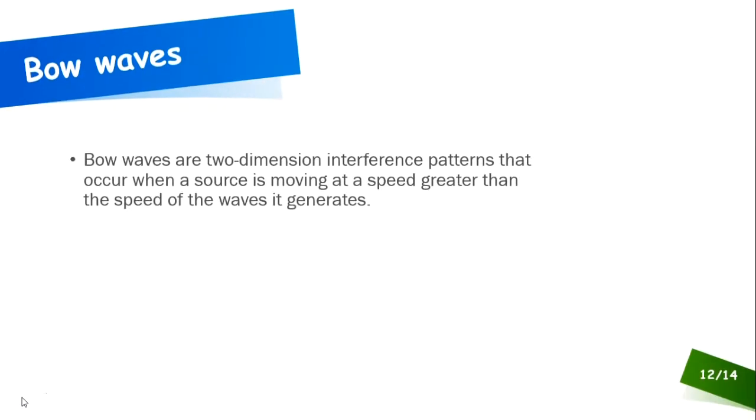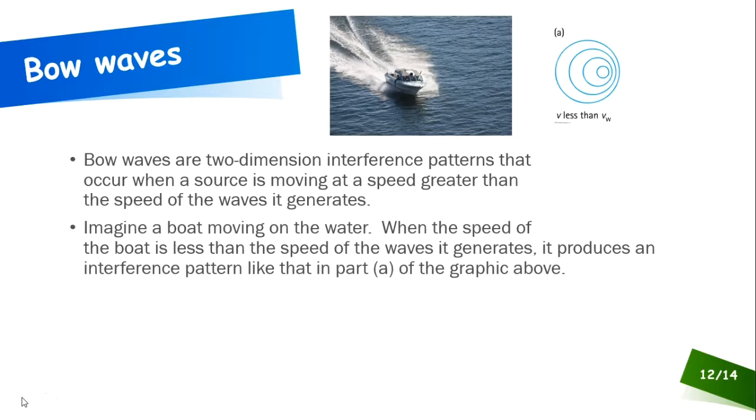This leads us to what's called bow waves. Bow waves are two-dimensional interference patterns that occur when a source is moving at a speed greater than the speed of the waves it generates. A good example of bow waves comes when you're looking at boats. A boat moving on the water generates a bow wave in its wake because the boat's moving at a certain speed and the waves on the water that it generates are also moving at a certain speed.